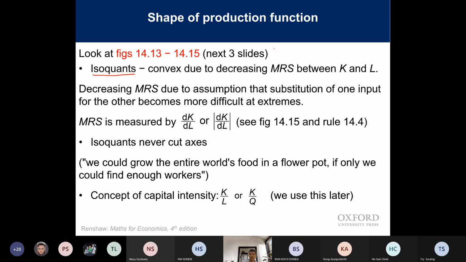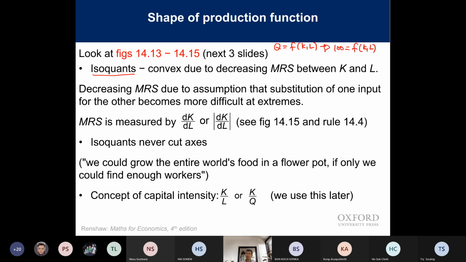For example, you have Q equal to F of K and L. What if you fix the output at 100? You just simply take Q equal to 100. There should be a number of levels of the inputs K and L that result in exactly an output of 100.